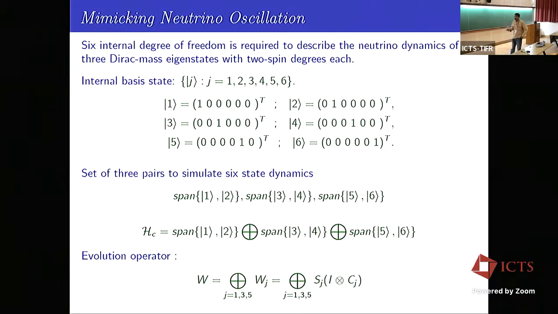It can be a coin and a shift operator, exactly the way we did for the single particle Dirac equation. The difference between the single particle quantum walk and this is that there I had a particle and a position space in which it was hopping. But here I can think of hopping from one particle to another particle, which means I can think of flavor change as a hopping component which comes from the shift operator.